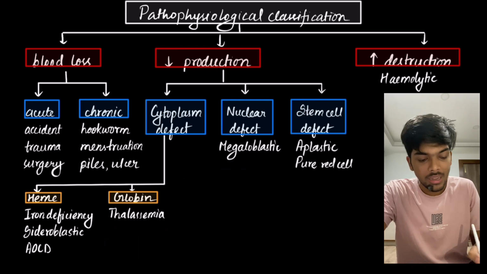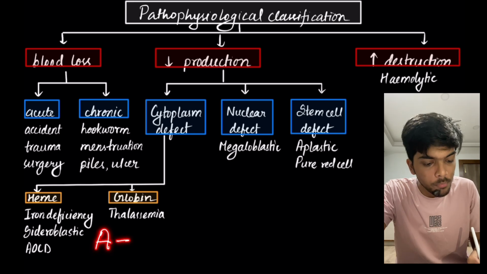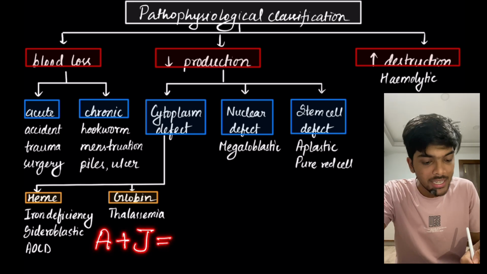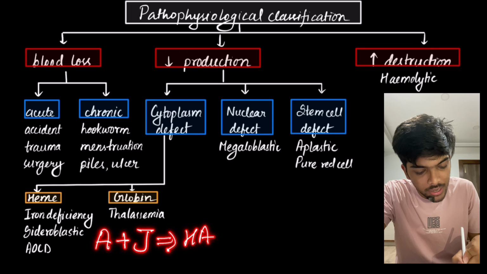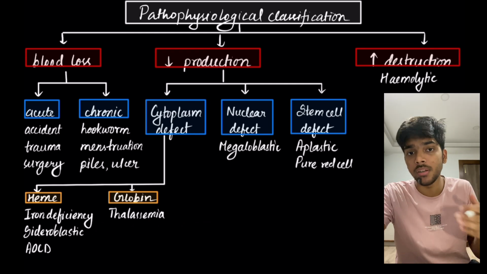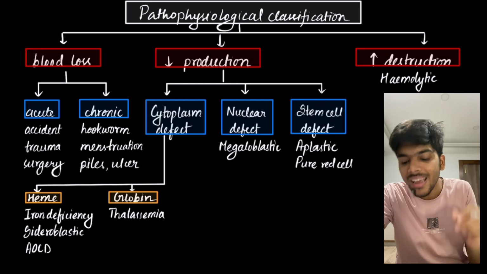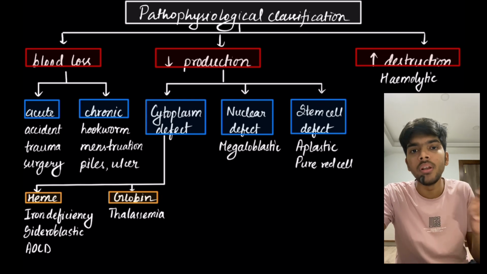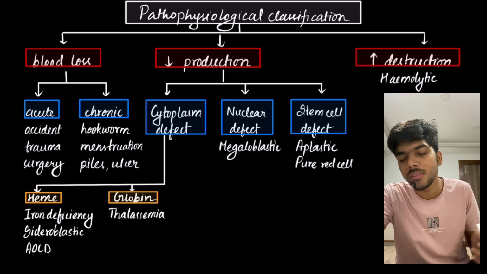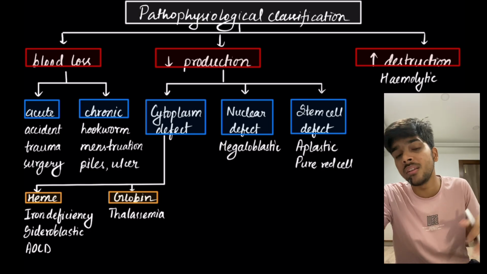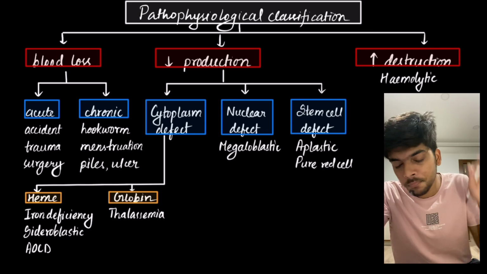So if an anemia is accompanied by jaundice, it is most likely hemolytic anemia. So remember, if you see a patient with anemia as well as jaundice, the type of anemia is most likely hemolytic anemia. Why? Because in hemolytic anemia, hemolysis of RBC takes place, which results in the release of bilirubin, and the deposition of bilirubin causes jaundice.